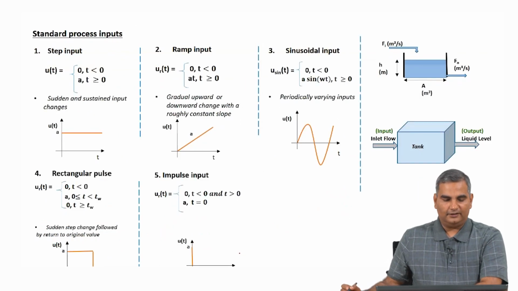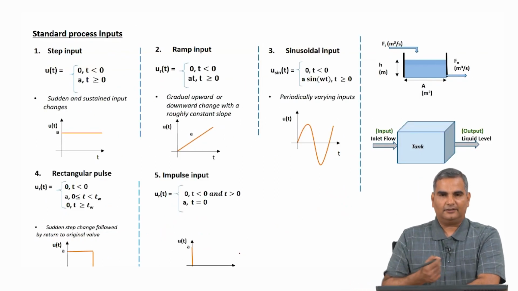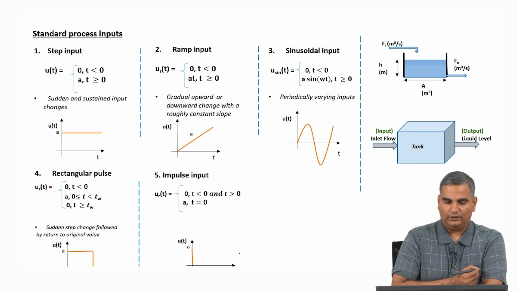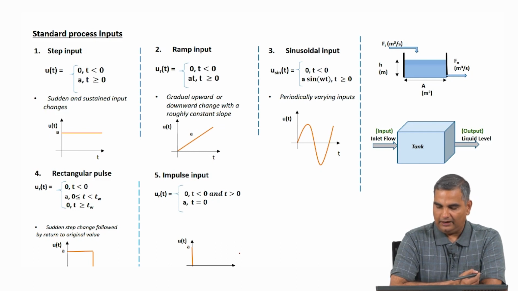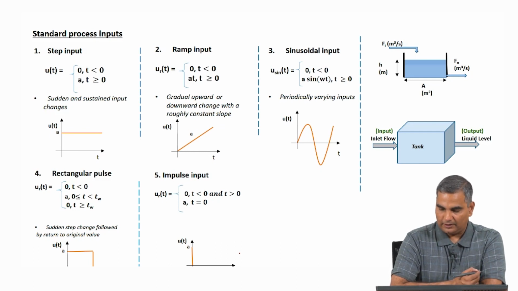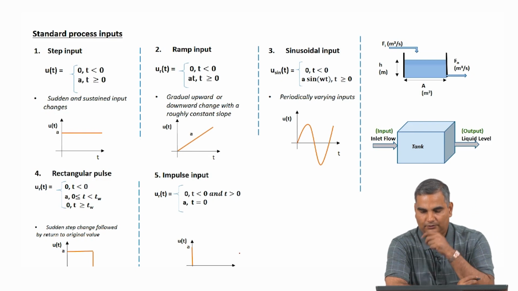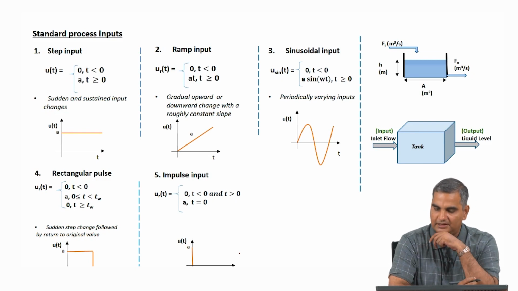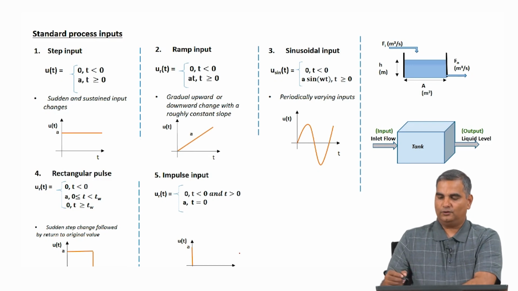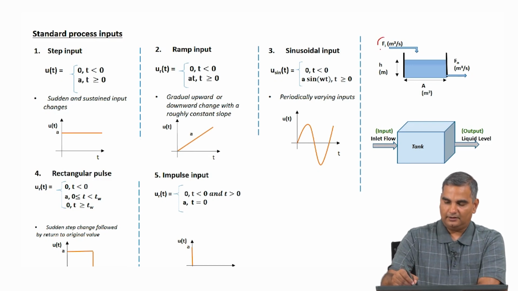Now that we have written the equation, the next question is how are we going to use this equation in modeling this process. So, this equation or these equations are supposed to tell us how the output will change when I make changes to my input. So, in this case, you notice that this is the input and this is the output.